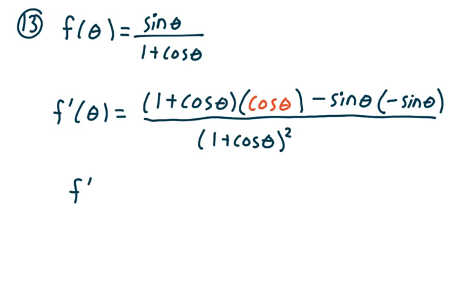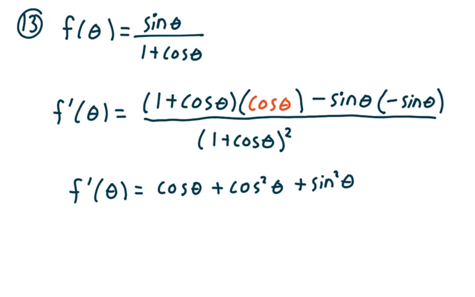And so f prime of theta is cosine theta plus cosine squared theta plus sine squared theta divided by 1 plus cosine theta squared. But cosine squared theta plus sine squared theta is 1.